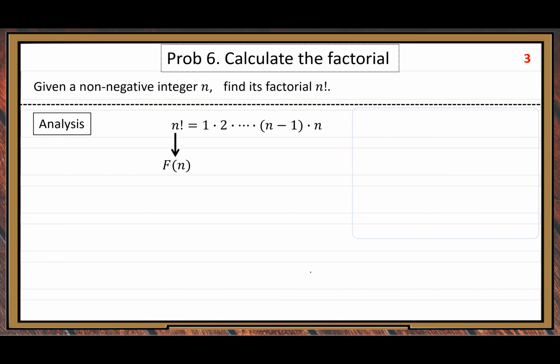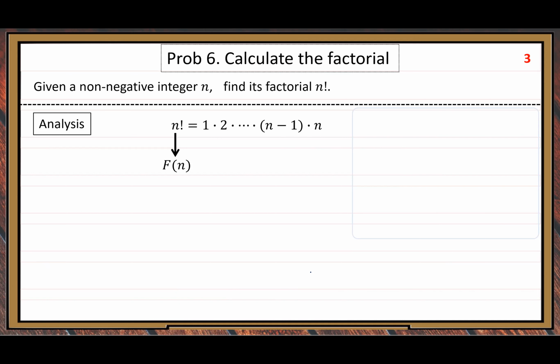In that way, we introduce a representation for it, a function called f of n, capital F function, with problem size n. So on the left-hand side, we use f of n to represent n factorial, its value.